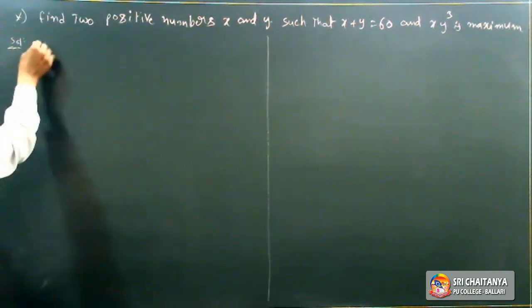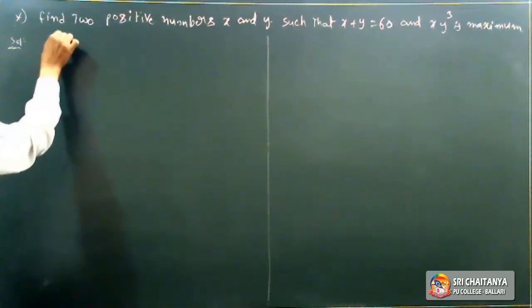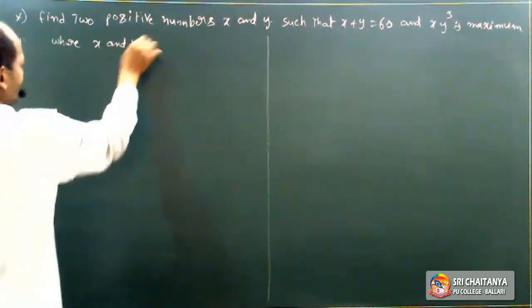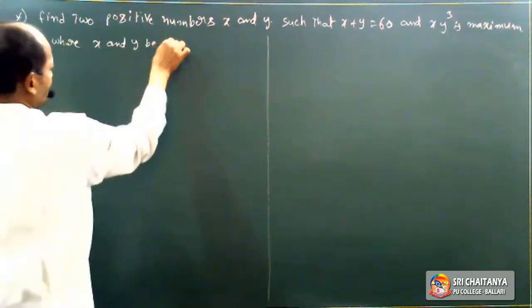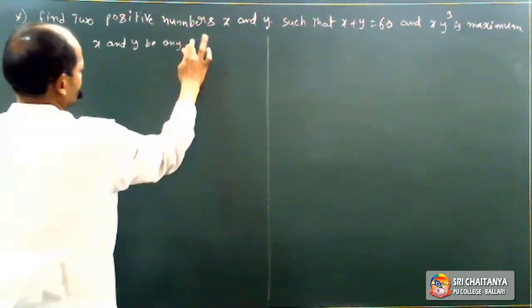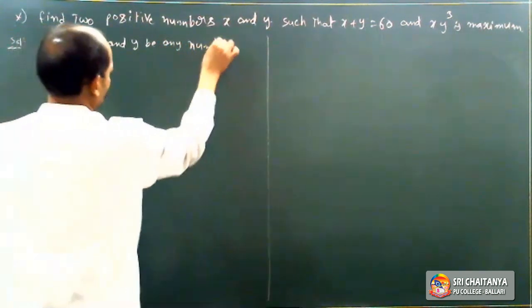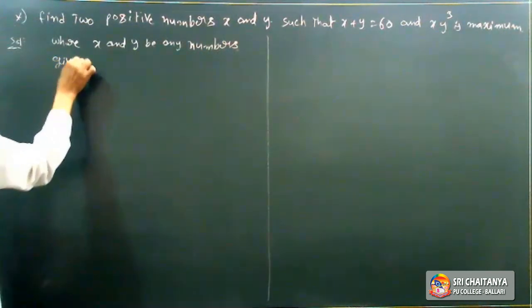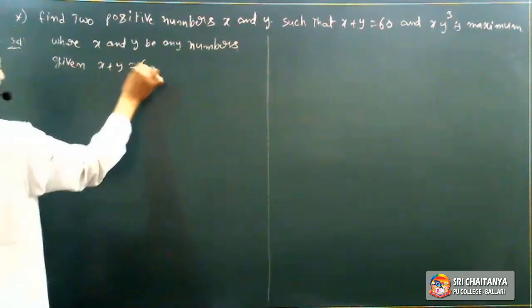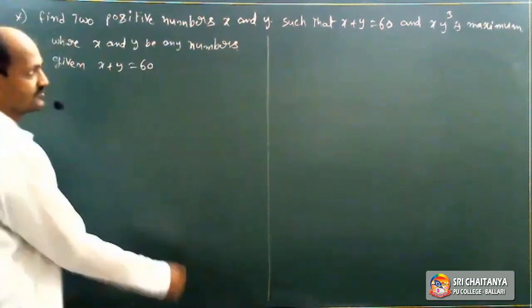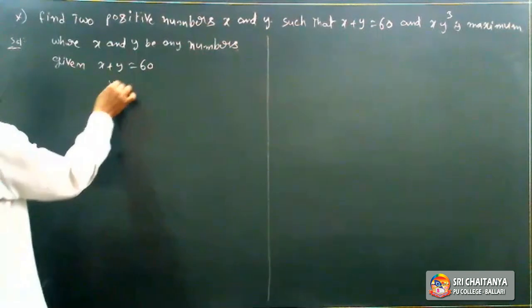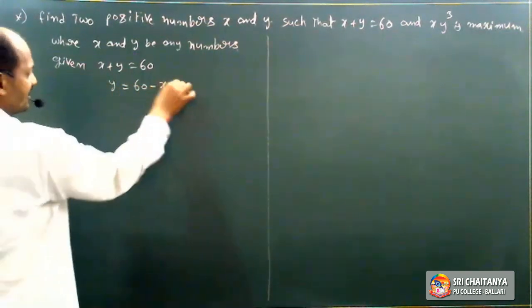Listen. Let x and y be any two numbers. Given x plus y is equal to 60, y is equal to 60 minus x.